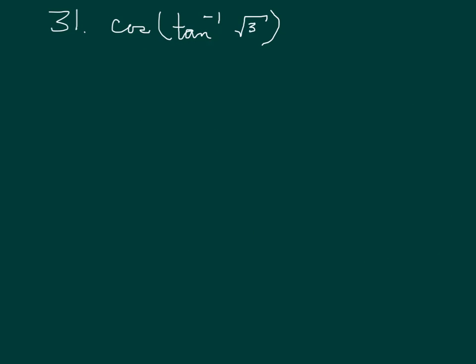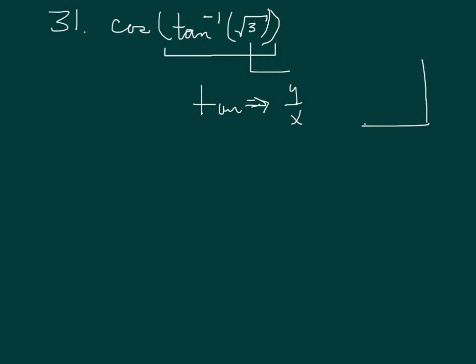Problem 31 says find the cosine of the arctangent of the square root of 3. The arctangent of the square root of 3 says find the angle whose tangent is the square root of 3. The tangent is y over x, so this would be square root of 3 over 1.